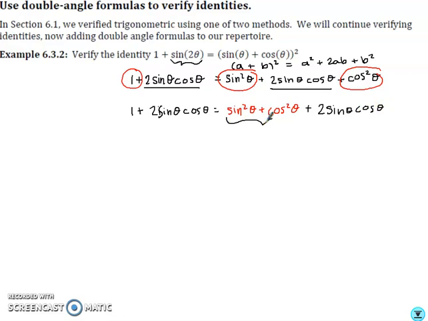So on the right hand side, this expression will reduce down to 1 by that Pythagorean identity, plus 2 sine of theta cosine of theta, and then on the left I've got 1 plus 2 sine theta cosine of theta. So I have simplified the left side, and I also manipulated the right hand side so that the 2 are equivalent, verifying my identity.